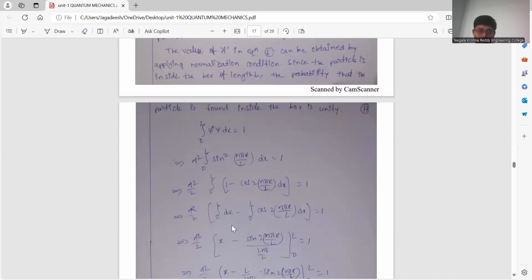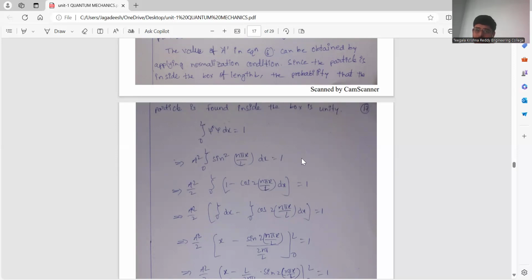We take A square by 2 common, integral 0 to L of 1 minus cos 2n pi x by L dx equal to 1. This uses the formula sin square x equal to 1 minus cos 2x by 2.